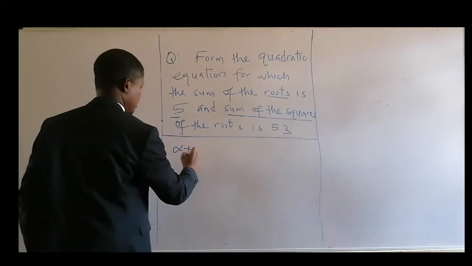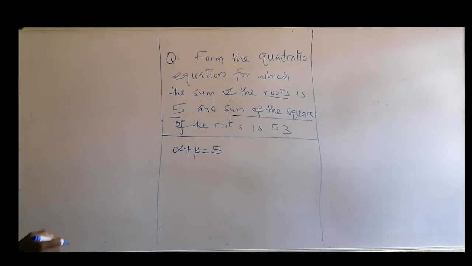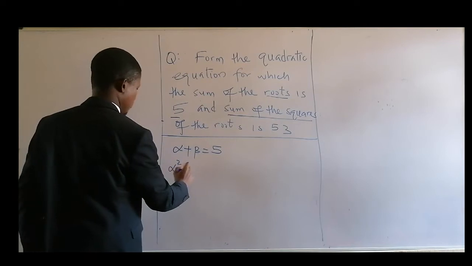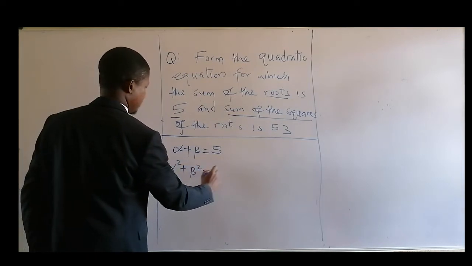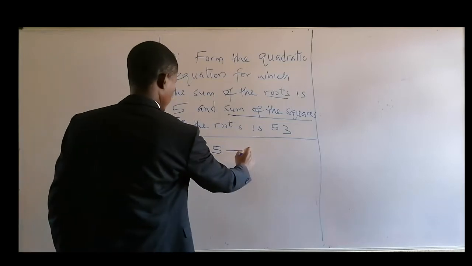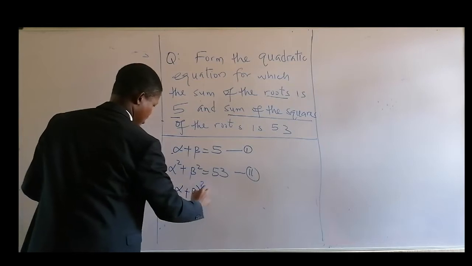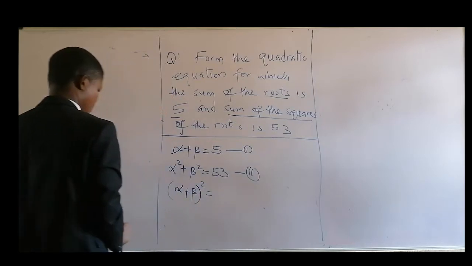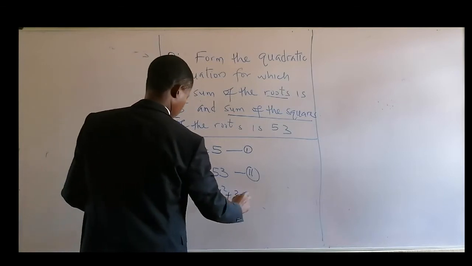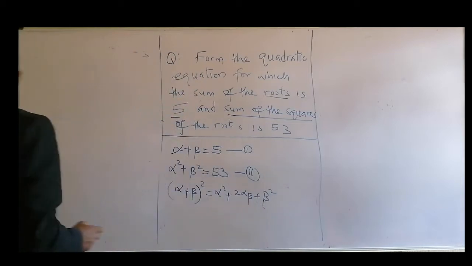So alpha plus beta is 5, and the sum of the squares of the roots, alpha squared plus beta squared, is 53. Call this one 1, call this one 2. Now (alpha plus beta) squared is equal to alpha squared plus 2 alpha beta plus beta squared.